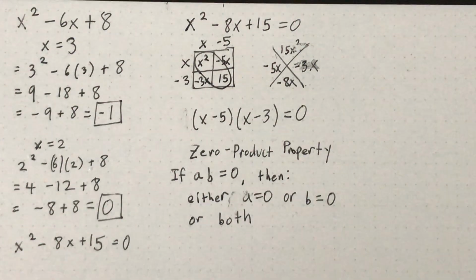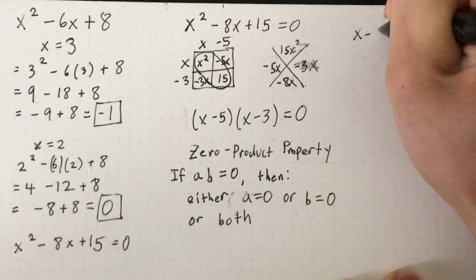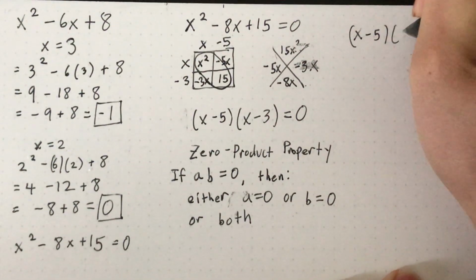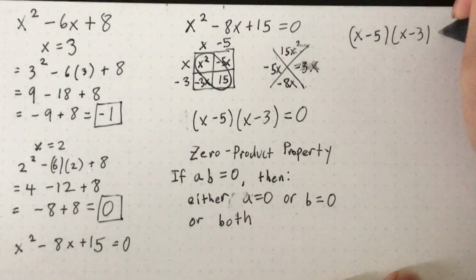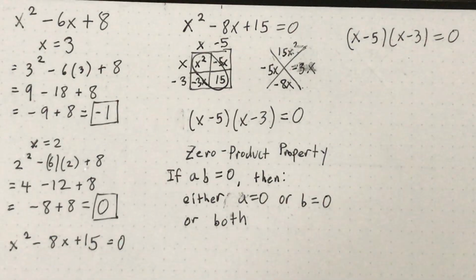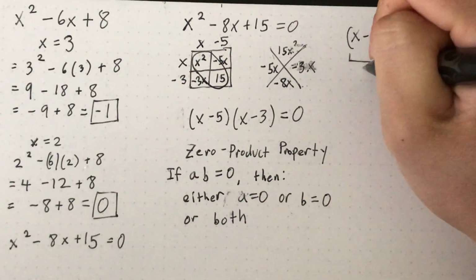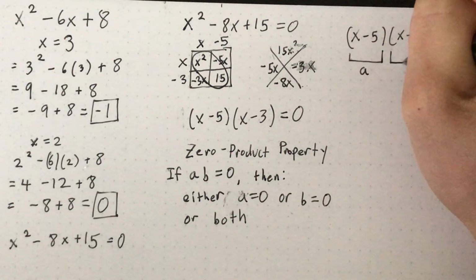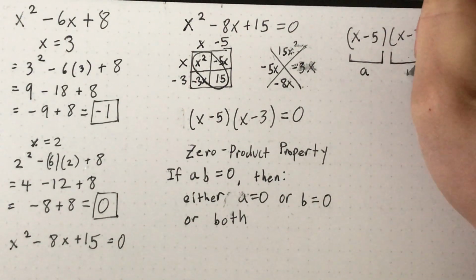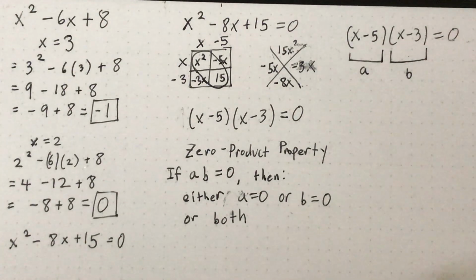Well, let's look at this. I'm going to rewrite x minus 5 times x minus 3 equals 0. We're going to let x minus 5 be a, and x minus 3 be b. So we're treating x minus 5 as a number, and x minus 3 as another number.